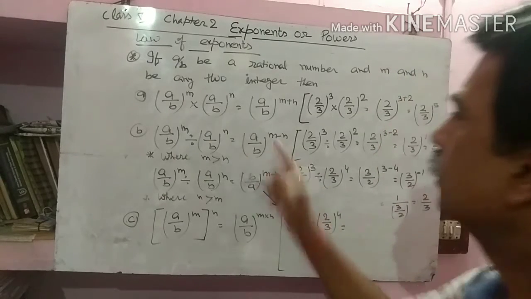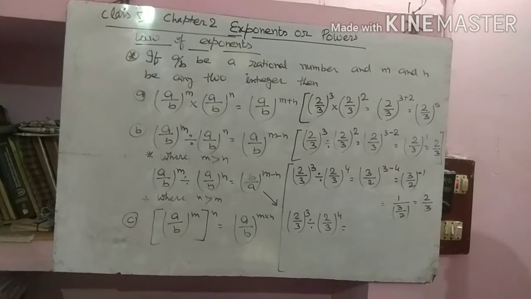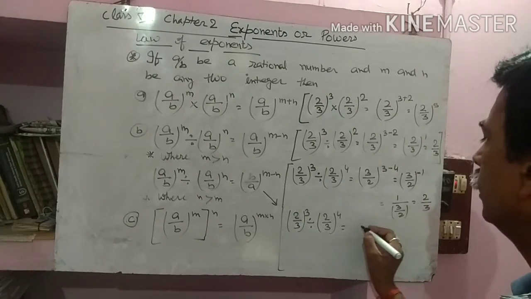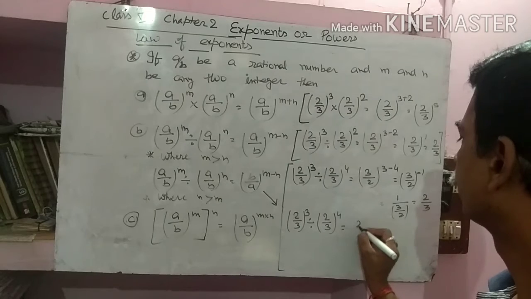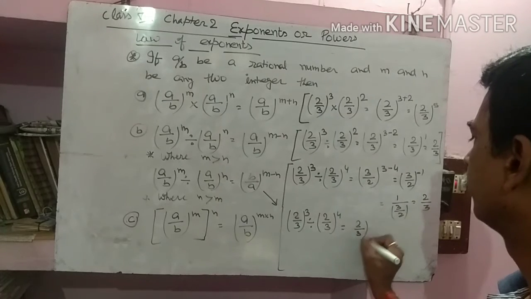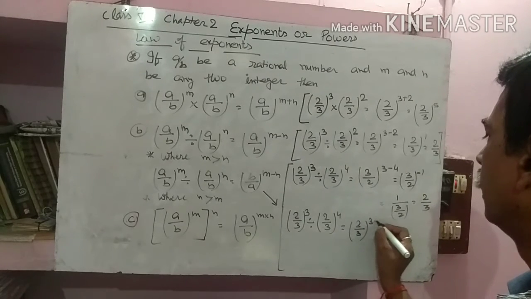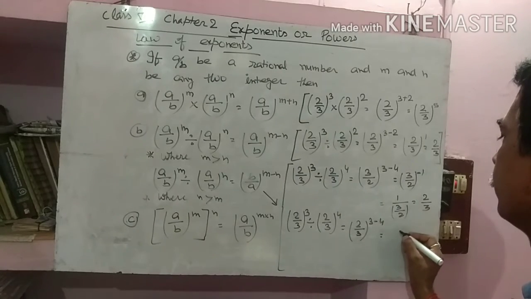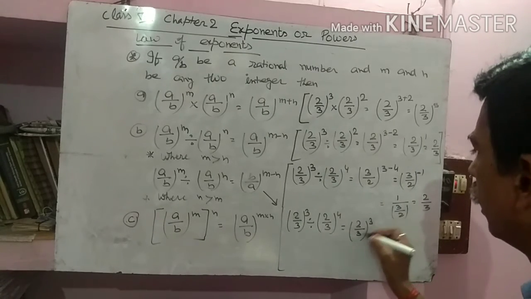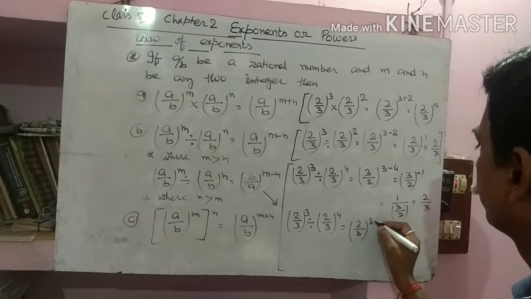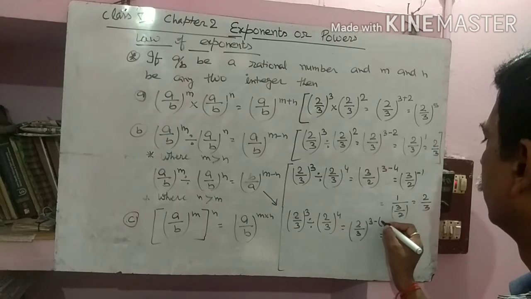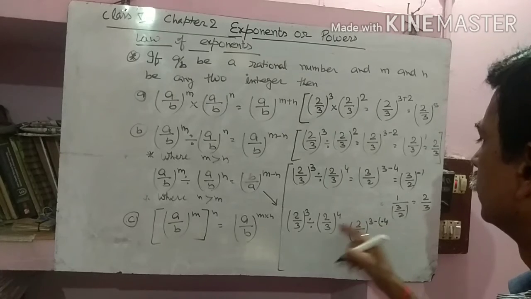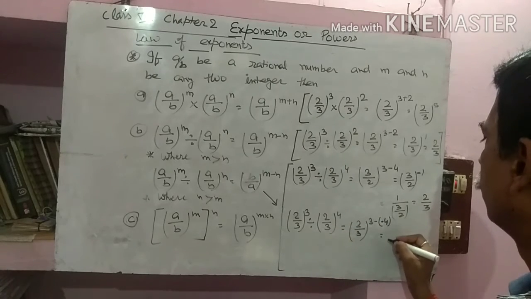Okay, as you know this format, we have to just write this format only. What will you get? 2 by 3 to the power 3 minus 4. This is the denominator, so it becomes minus 4.